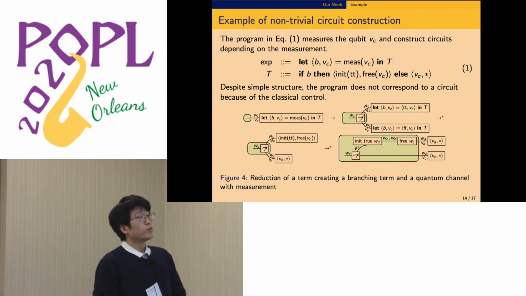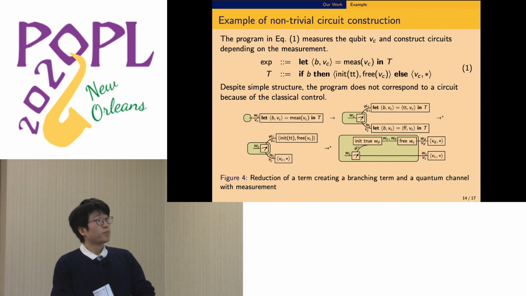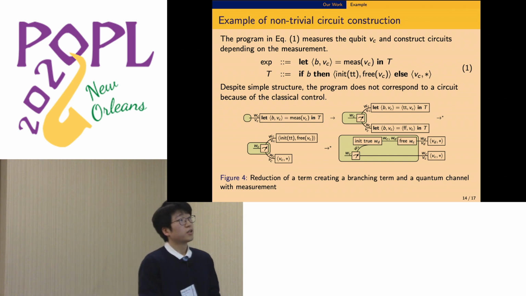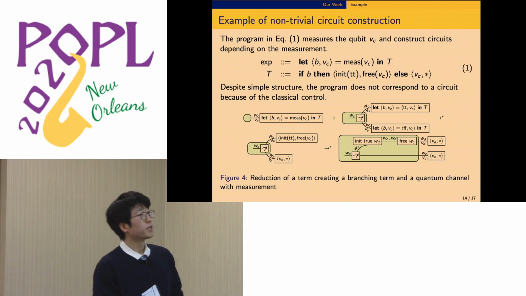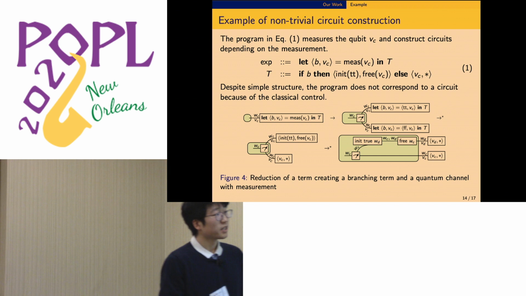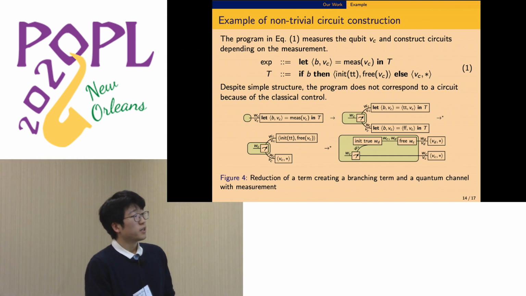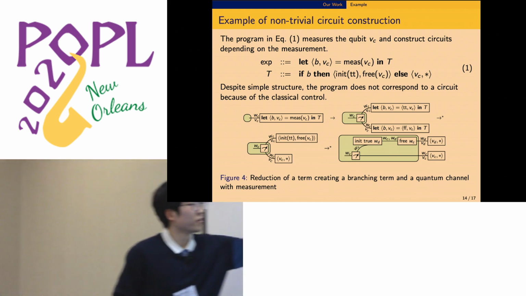One note I want to mention here is that this program has no corresponding circuit because of the classical control flows. And here it shows how the operational semantics reduces the terms into a configuration.